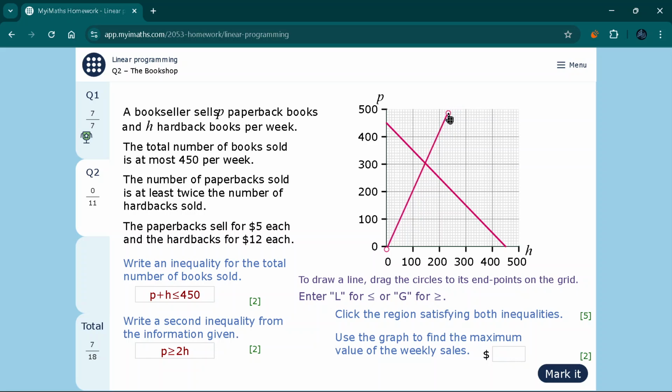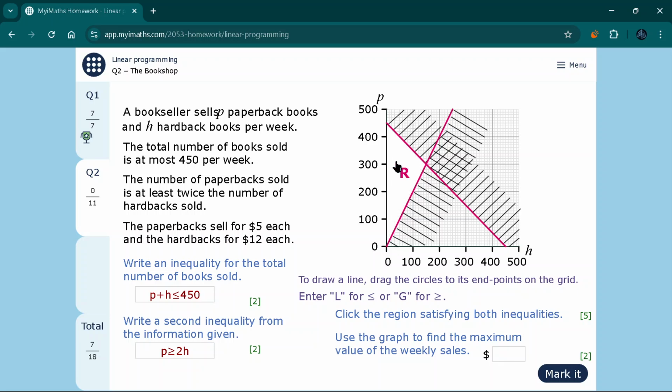Something makes me think it's not correct. You have to wiggle them a bit, and when it's correct, then they will snap into place, and then you can click the region that you want. 450 or less, and P should always be at least twice H.